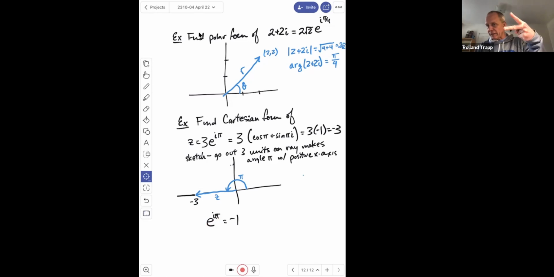So we have two ways to describe complex numbers: their Cartesian form and their polar form. I can go from Cartesian to polar, just getting polar coordinates. I can go from polar to Cartesian, just getting Cartesian coordinates from polar form.